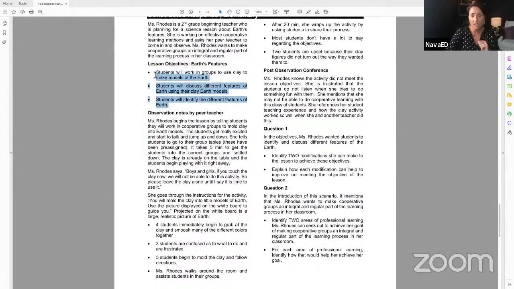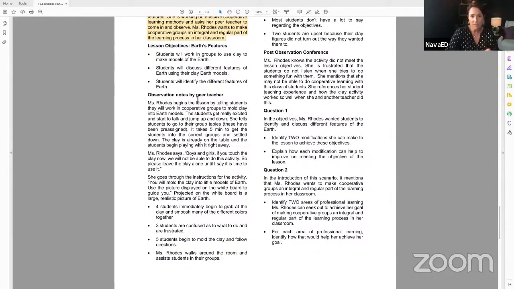So these are all kind of lower level objectives, which is fine. But we have, identify the features, and we have discuss different features. So we're looking at different features of the Earth, and they're going to use clay to do it. And up here, it says that she basically wants to make cooperative learning a regular part of her classroom instruction here. All right. So that's important. She wants to do that.